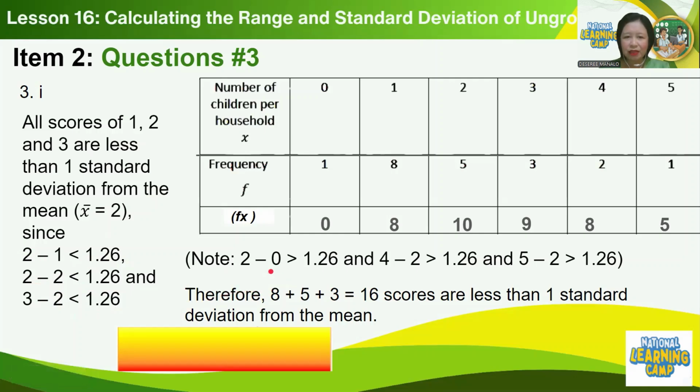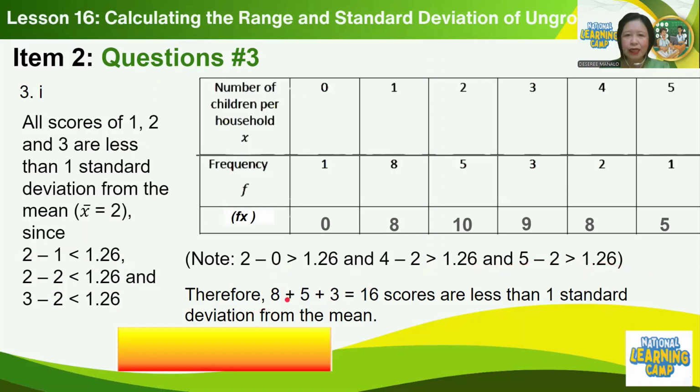Note that 2 minus 0 is greater than 1.26, 4 minus 2 is greater than 1.26, and 5 minus 2 is greater than 1.26.